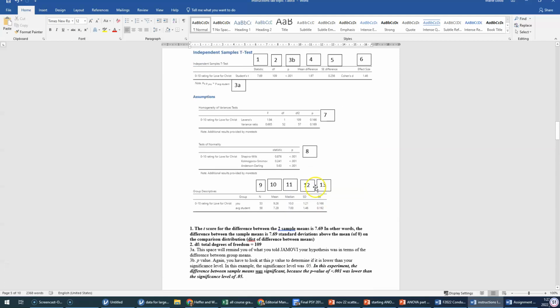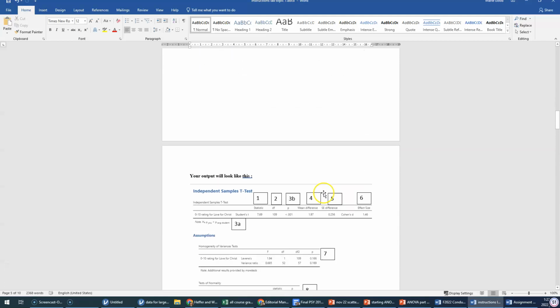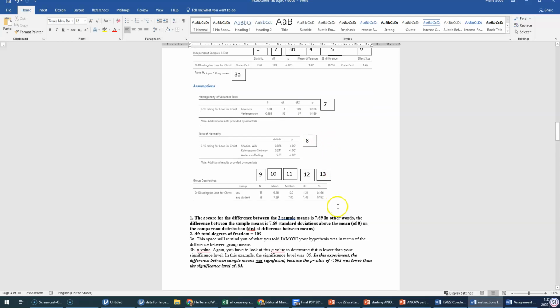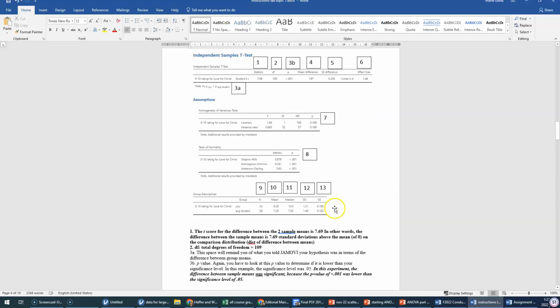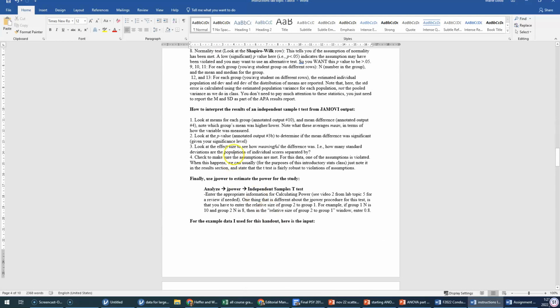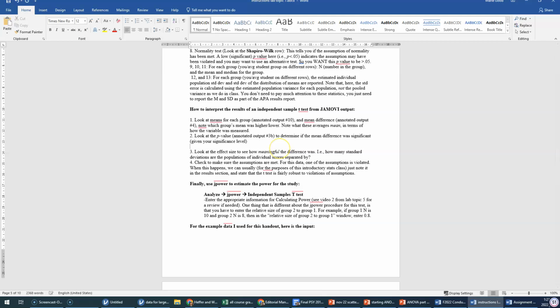I believe we said we were going to use a 5% significance level. So 5% significance level, that's what we're comparing the p-value to. The p-value is less than 0.001. All right, so I'm going to write this out as always.